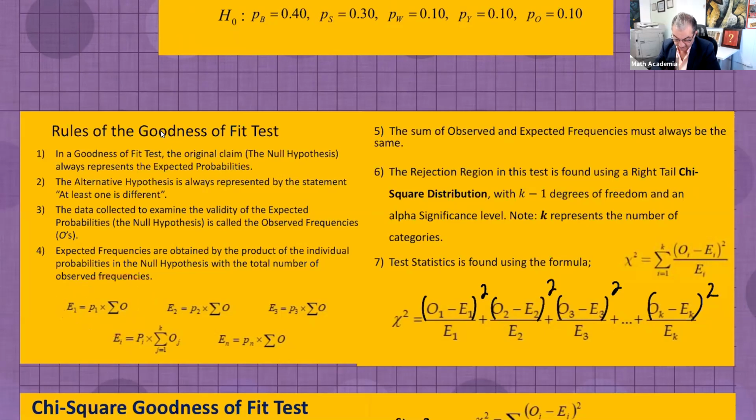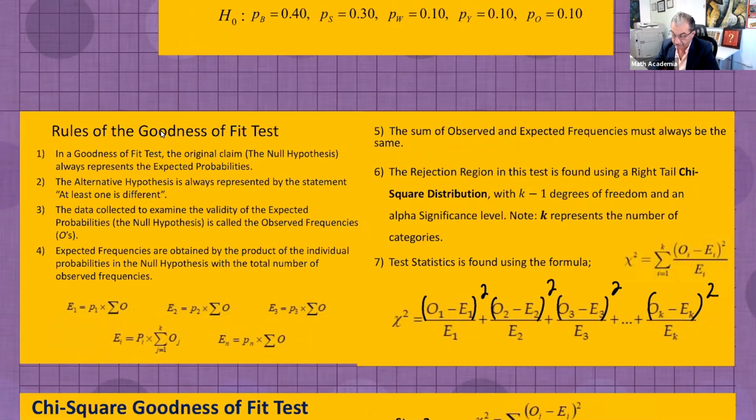So that's what you do for E1. E stands for expected. You take P1 times the sum of the observed frequencies, and so on. The sum of observed and expected frequencies must always be the same.